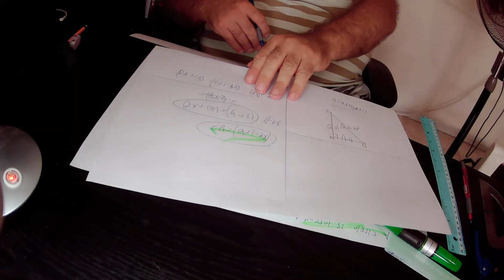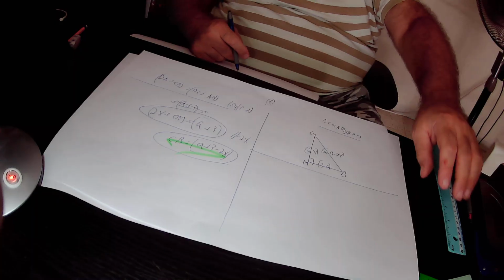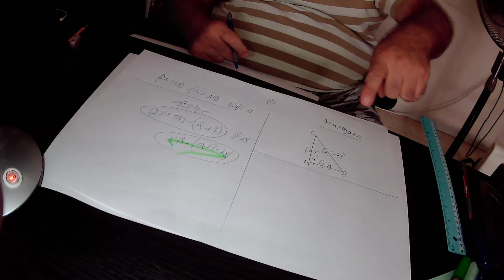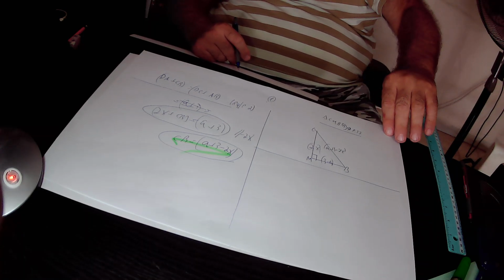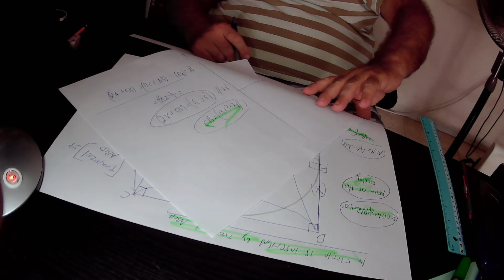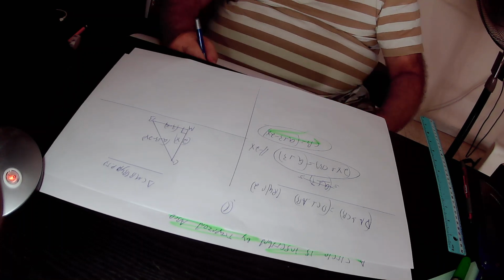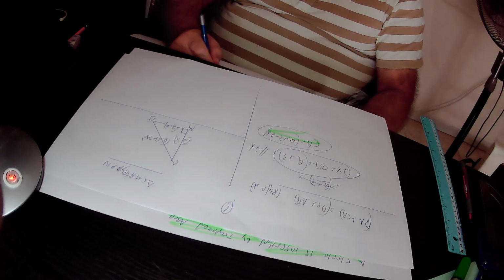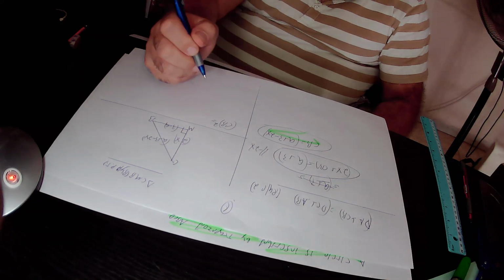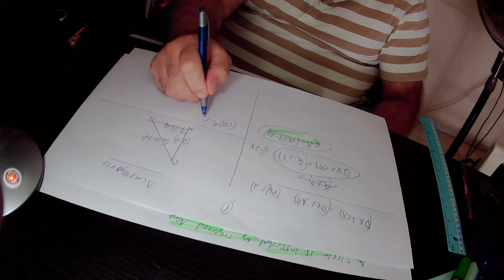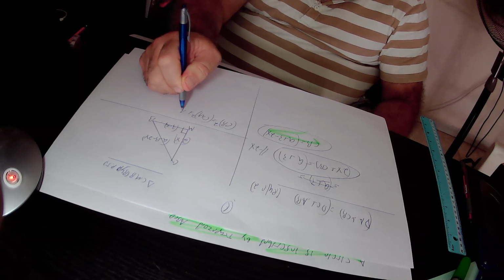This is the right triangle CMB, copied from the original drawing. In this right triangle CMB, according to the Pythagoras theorem, CB squared, that is the square of the hypotenuse, equals CM squared plus MB squared.